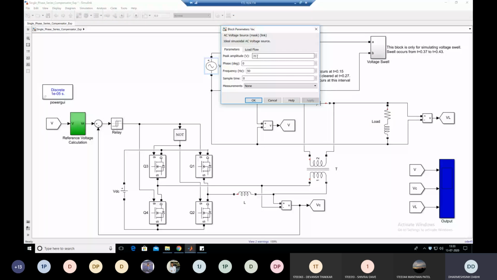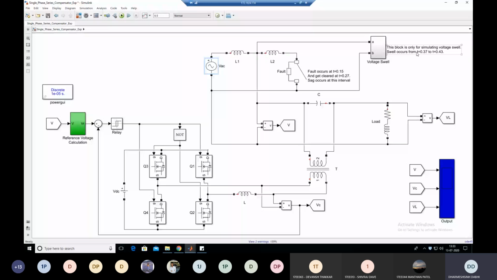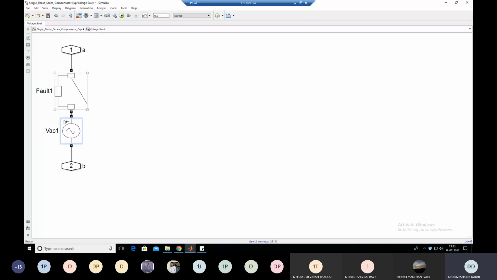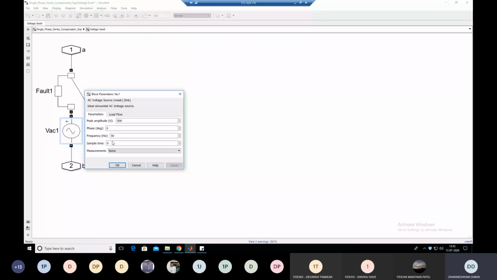But when voltage swell happens, when this breaker is on in the duration 0.37 to 0.43 second, when this breaker is closed, this AC voltage comes in series with the load, or that voltage comes across the load. It means at the load side, now the voltage is 500 volt. This is the peak value, 500 volt.